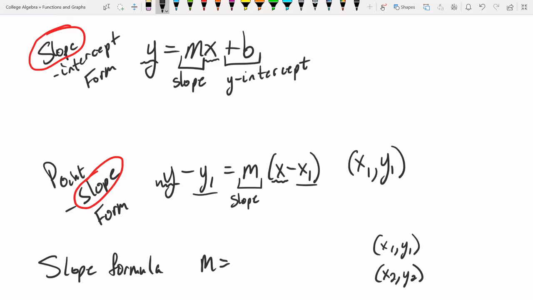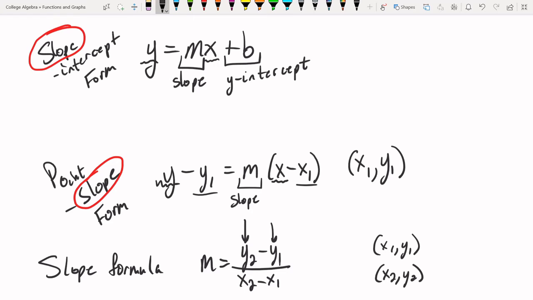It doesn't matter in which order you do this, as long as you have the same order on top and bottom. Take y2 minus y1 over x2 minus x1. You can do y1 minus y2 over x1 minus x2, as long as you have the same point's coordinates in each of the columns. Either way you do it, you'll get the same answer for the slope. And that's what we really care about.